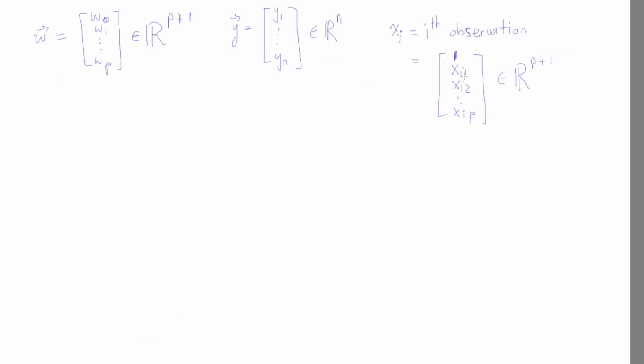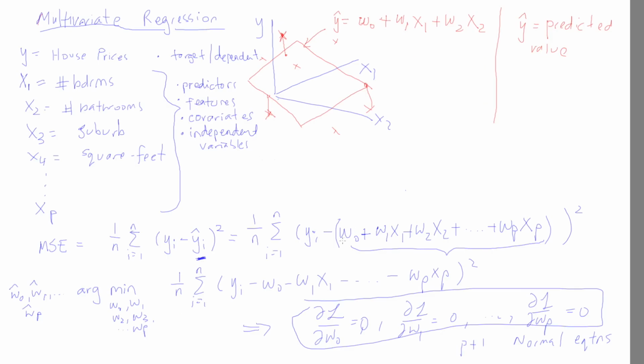So xi1 is going to be the number of bedrooms for the ith house, xi2 is going to be the number of bathrooms for the ith house, etc. Now I need a 1 because I want to multiply this with w, and so w0 is going to get multiplied by 1. And you should recall that the equation is going to be w0 times 1 plus w1 times x1. Okay, so that's why I need that 1 to make sure that w0 is by itself.